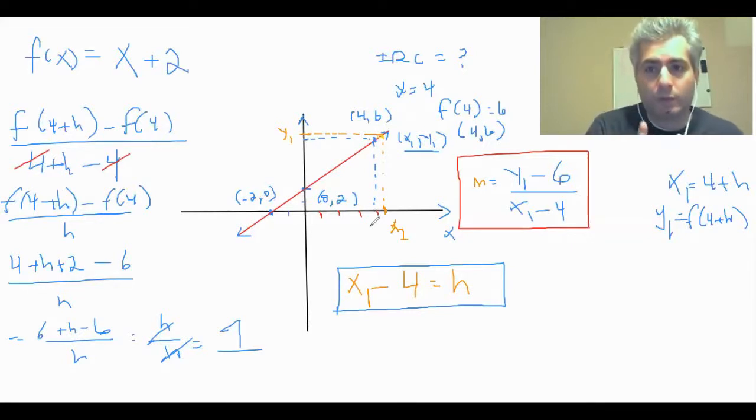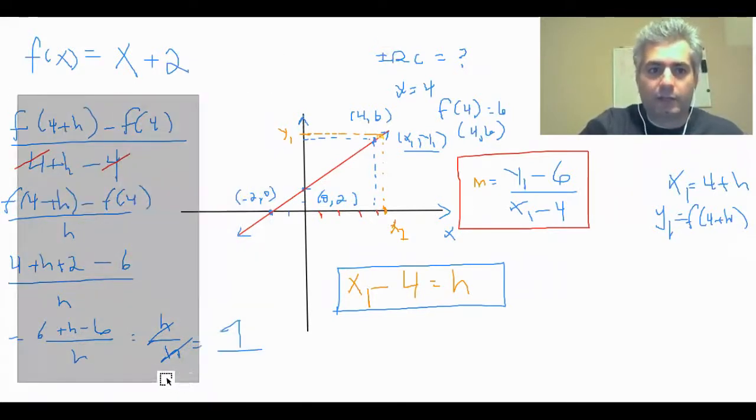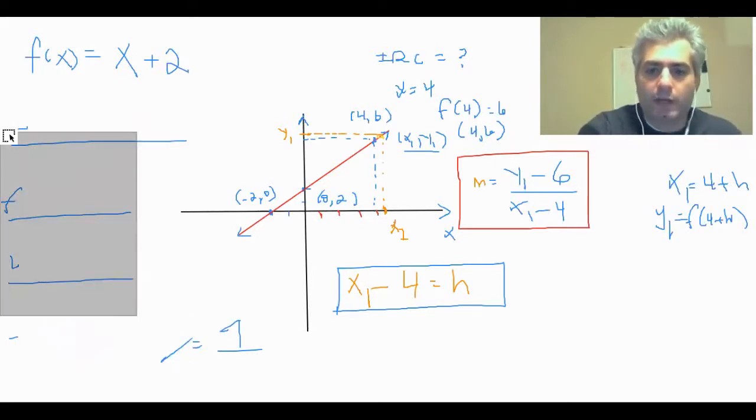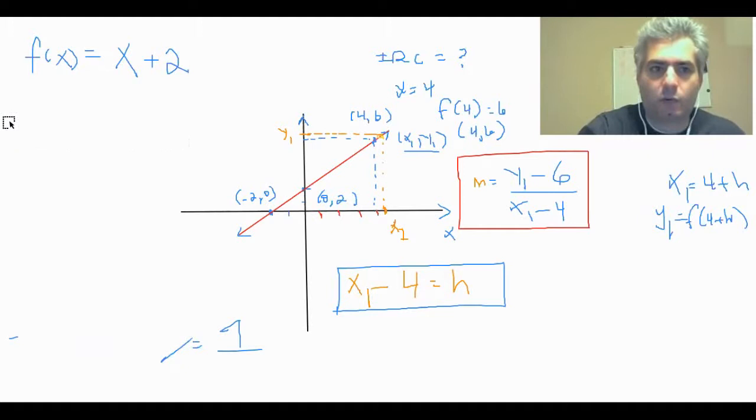So when we use that gap in terms of h, then we end up generating, as you saw here, f of 4 plus h, or f of the x coordinate of the point of interest plus h minus f of the x coordinate over h. So if I wanted to write this as an equation, not really a function, what we end up generating is a simple formula that we can use to calculate the instantaneous rate of change using the difference quotient.